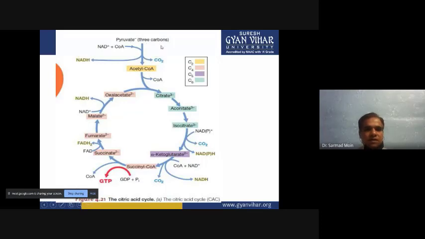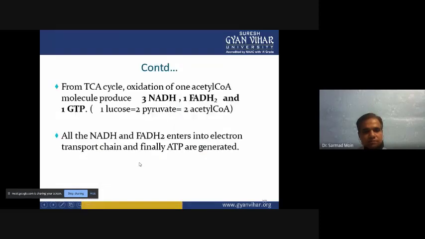So pyruvate is the basic substrate which is required to start the Krebs cycle, and it is coming from glycolysis. So here is how it is happening, and side by side we have energy production steps, and carbon dioxide will be produced through the Krebs cycle and released in the environment.